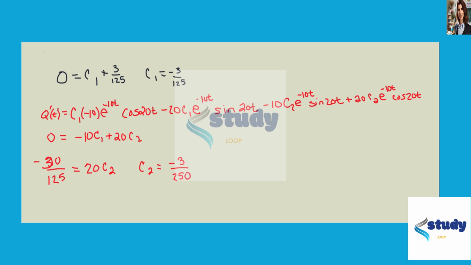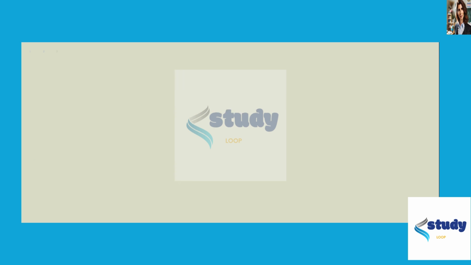All right, so my general equation is negative 3 over 125 e to the negative 10t cosine 20t minus 3 over 250 e to the negative 10t sine 20t plus 3 over 125.